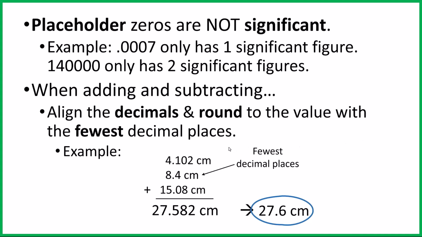So here's our example. We have 3 measurements here: 4.102 centimeters, 8.4 centimeters and 15.08. We're going to line up those decimal places, and whatever has the fewest number of decimal places is what we're going to keep. So we add all of these up, we get a temporary value here.